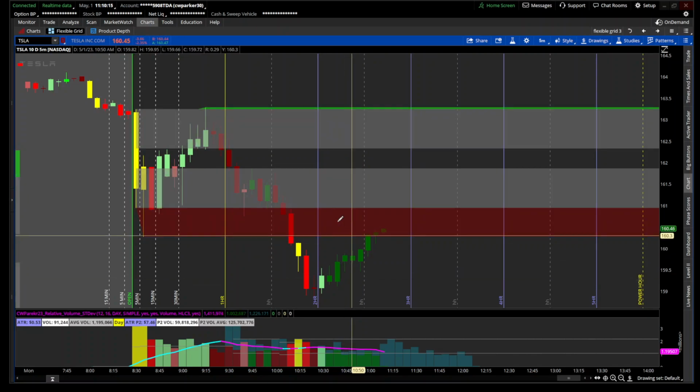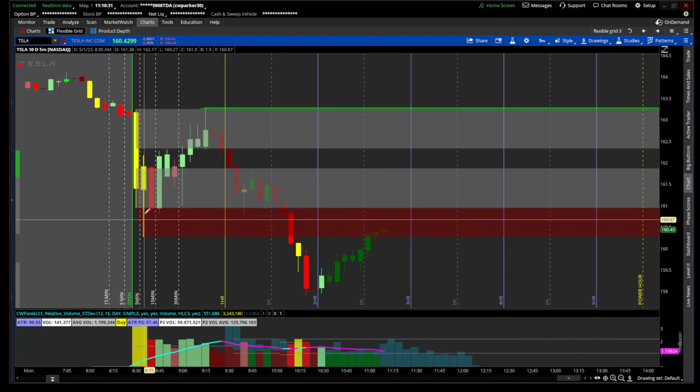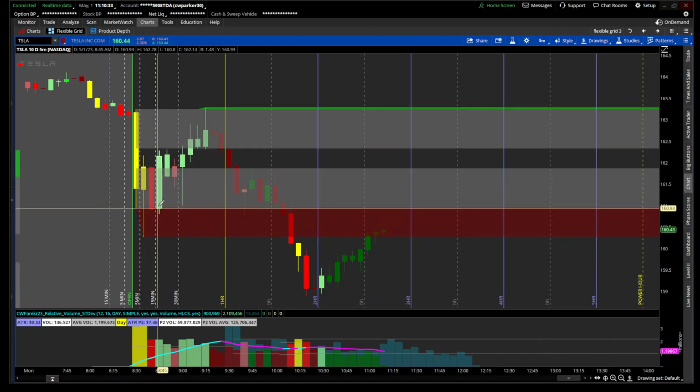We don't know what's going to happen. It may find resistance here or may find support. But you can see how this 5 minute open range right here kind of acted as support initially. It ducked down here. Buyers came in, this long lower wick, and then it pushed above, couldn't get above there.